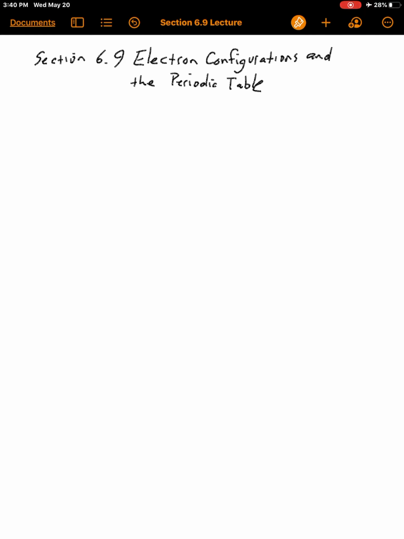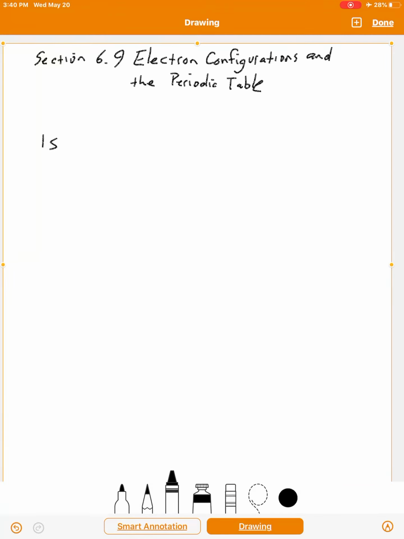Let's remind ourselves that we have these subshells, which are the spaces around the nucleus that the electrons occupy, with a maximum of 2 electrons per orbital due to the Pauli exclusion principle, and the Aufbau principle, which says that electrons will occupy orbitals in the order of lowest energy first and then higher energy orbitals.